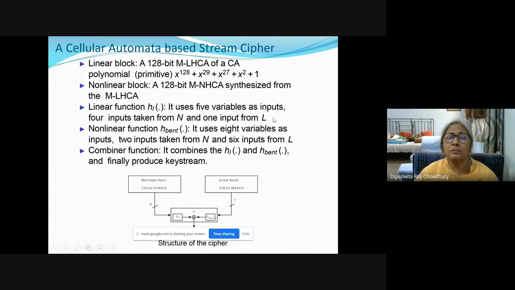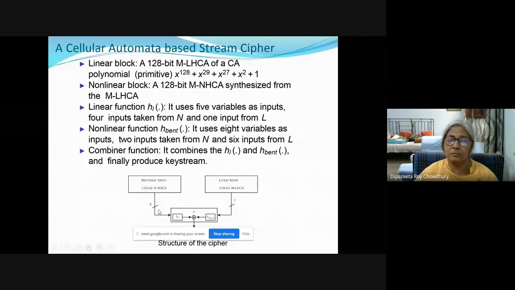So it uses 5 variables as inputs, 4 inputs taken from the nonlinear part and 1 input from the linear part. And the nonlinear function H bent uses 8 variables as inputs, 2 inputs taken from N and 6 inputs from L. Earlier, remember, N took a total of 9, 2 from the nonlinear part and 7 from the linear part.